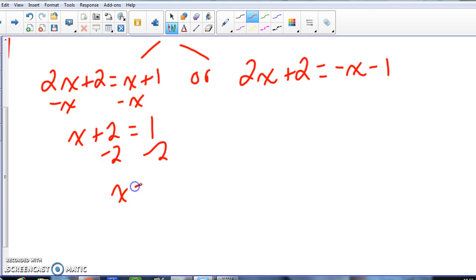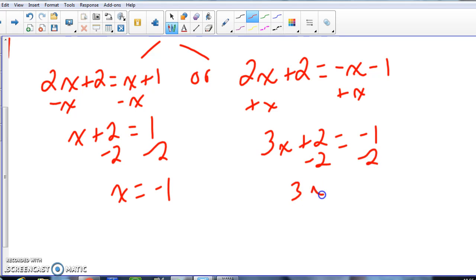So the first one, I should get negative 1. The second one, I got positive 1. Now, it does not always happen that I get the same positive and negative version. We saw that, but every once in a while.